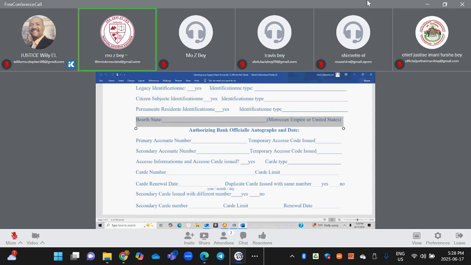Well, let me clarify something. When you say merchant card, from my understanding, it is a card that we put together.